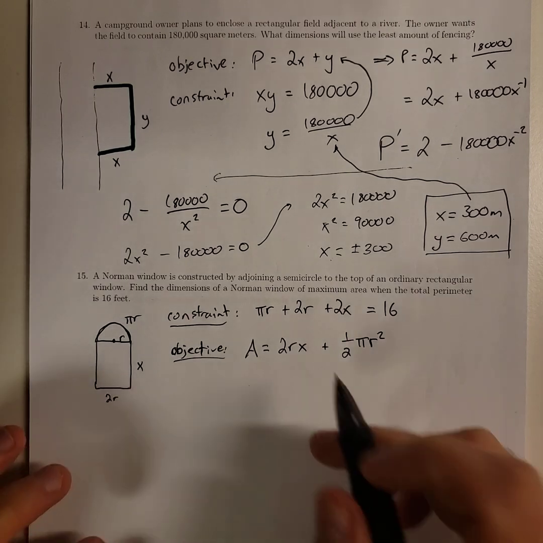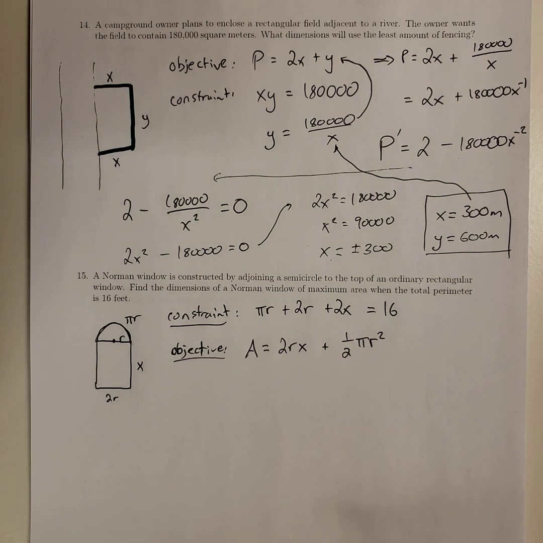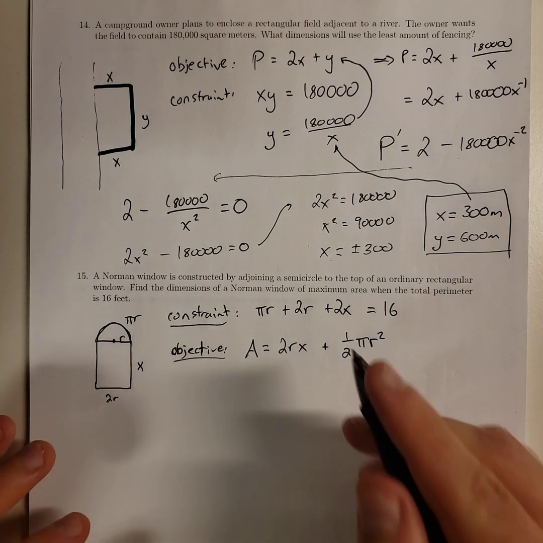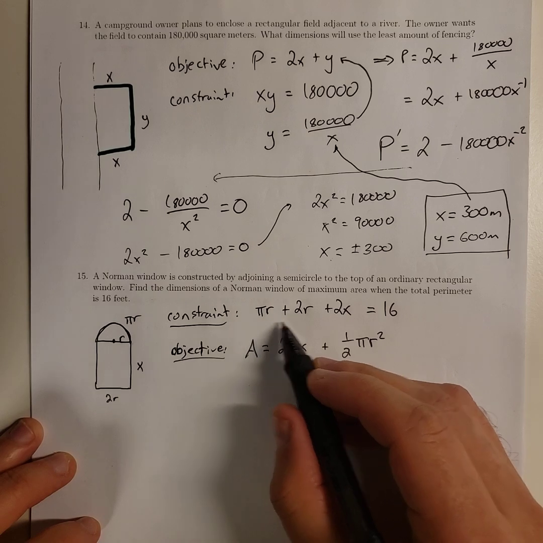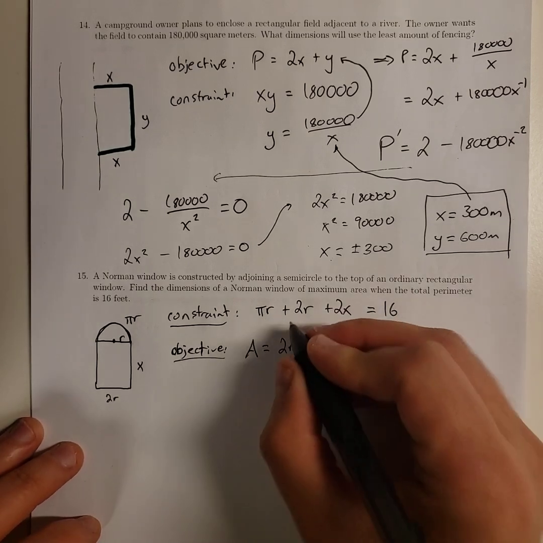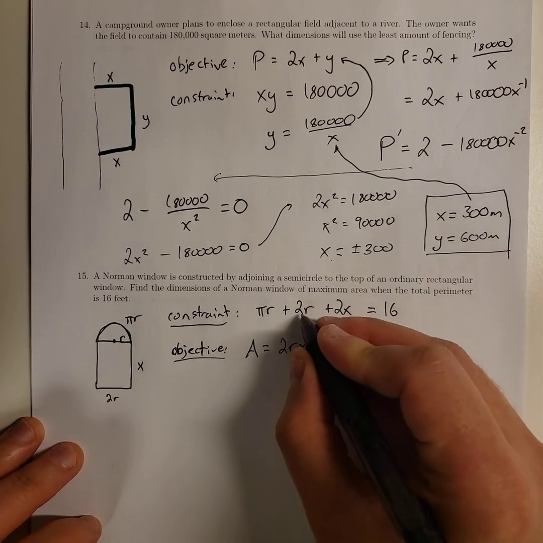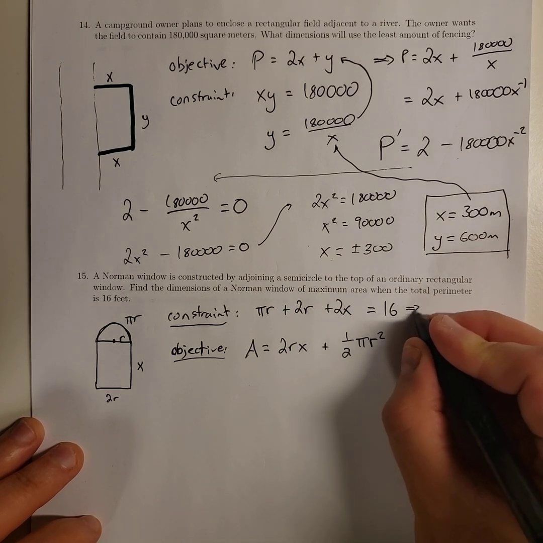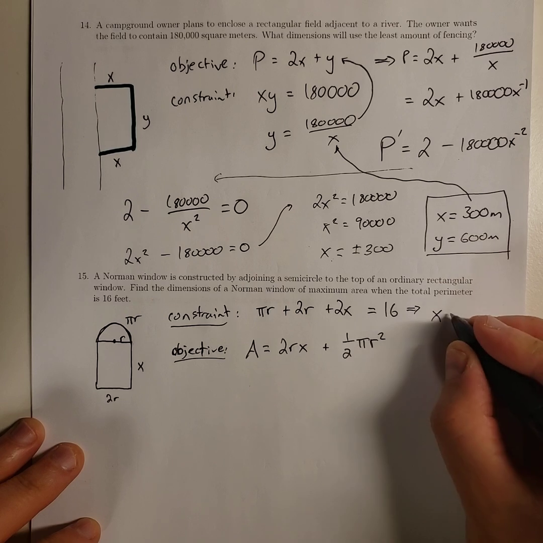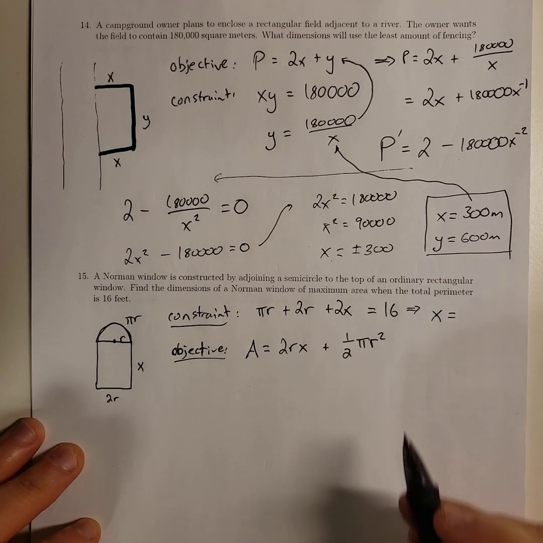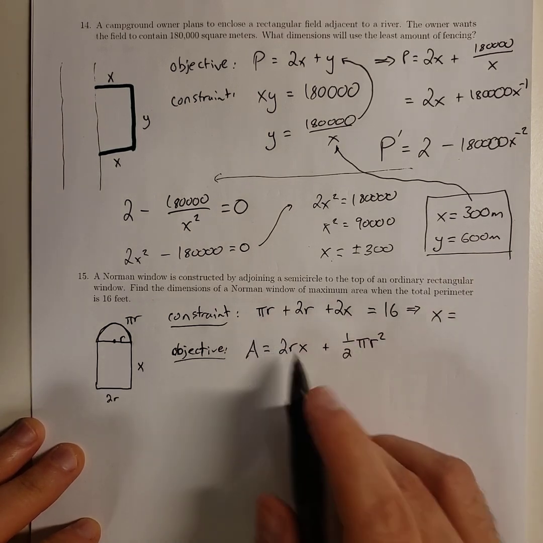So you could solve for either r or x here. It's a little bit easier to solve for x. And what I did was factor out an r from these two. So I moved these to the other side, but I factored out an r first. So getting x by itself, you get 16 minus these two.